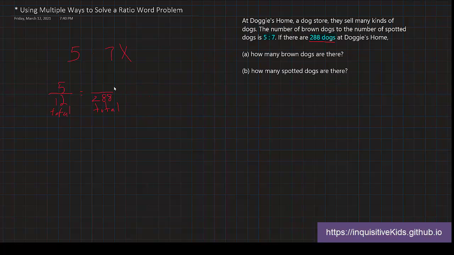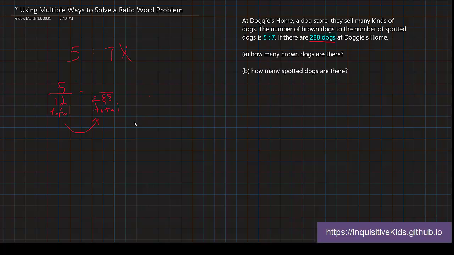Remember, this 5:12 is just a smaller version of something to 288. So that means that these two ratios are supposed to be equivalent. And since we know the second unit for the second ratio, 288, we can compare it to the second unit of the first ratio, which is 12.